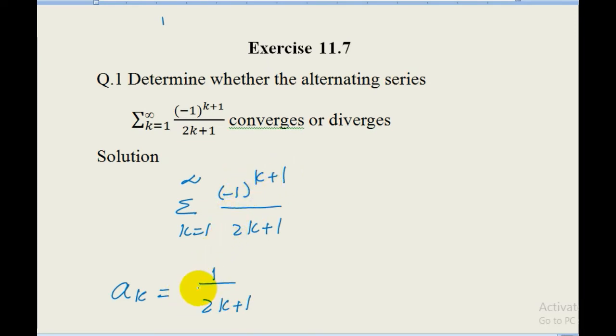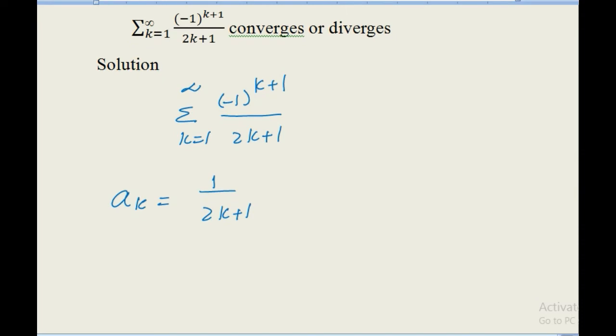So in the general term we do not take the term (minus 1) raised to the power k or k plus 1. In order to test the convergence of an alternating series, we have to check two conditions. The first is that the series must be decreasing, and the second is the limit of the kth term of this series.